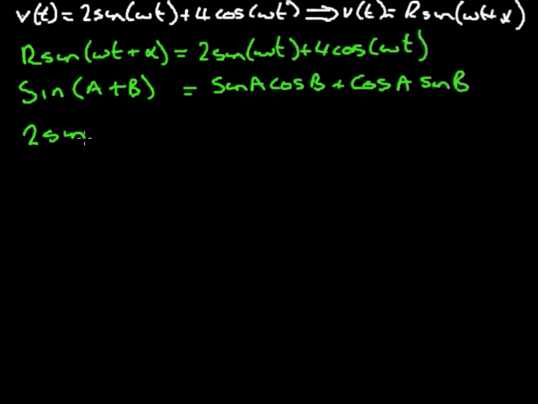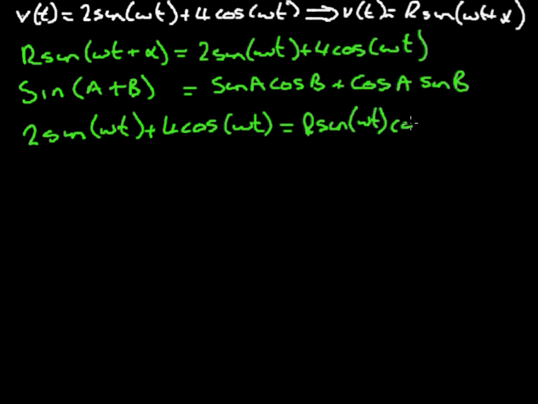And all I really need to do was to equate those, so I end up with 2 sine omega t plus 4 cos omega t equals r sine omega t cos alpha plus r cos omega t sine alpha.